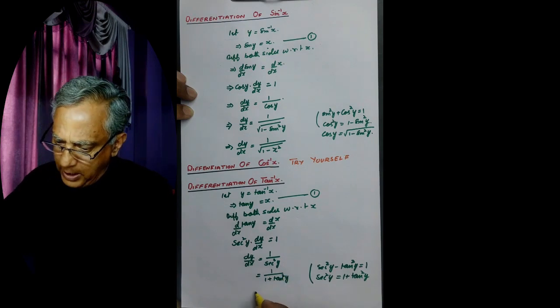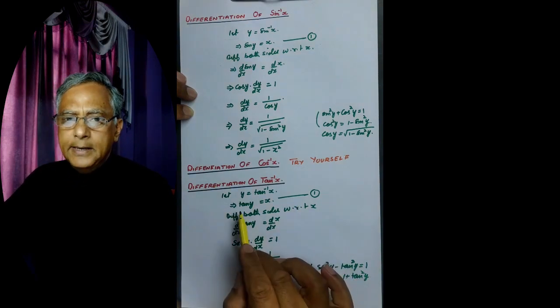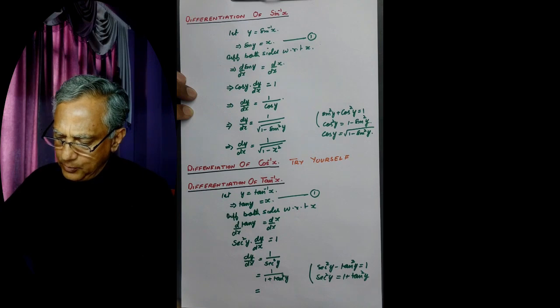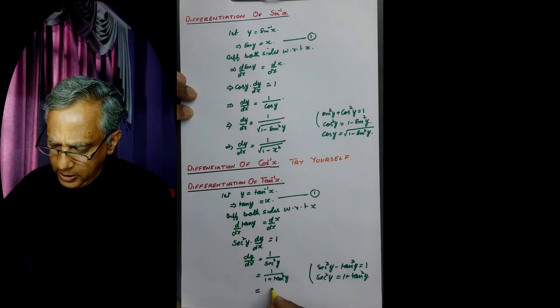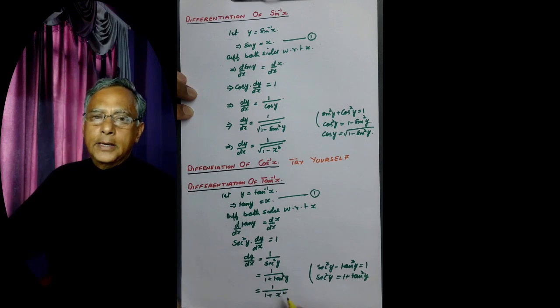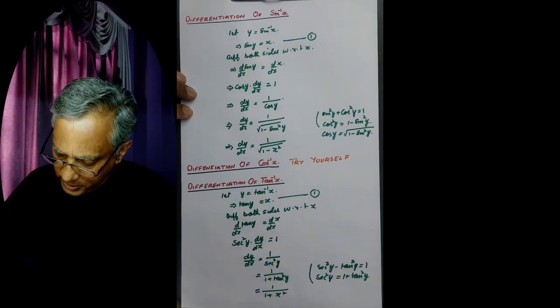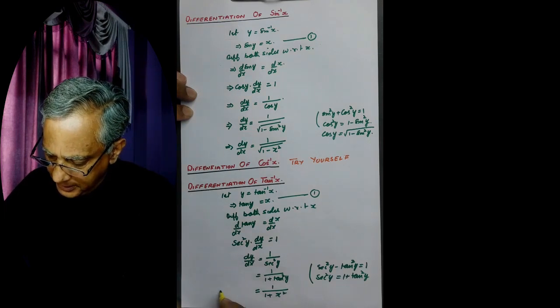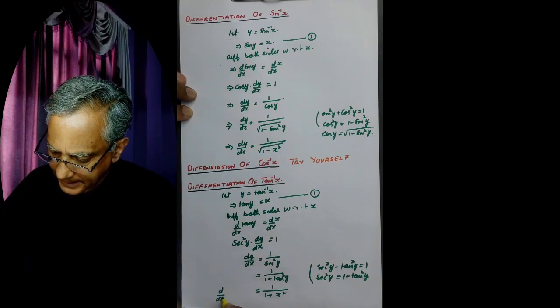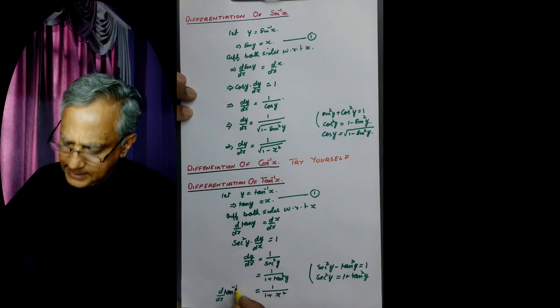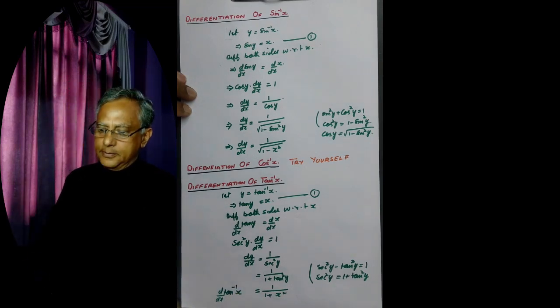But from 1, tangent y is x. So we will have 1 upon 1 plus x square. So this is the required differentiation. So we have d by dx of tan inverse x is equal to this much.